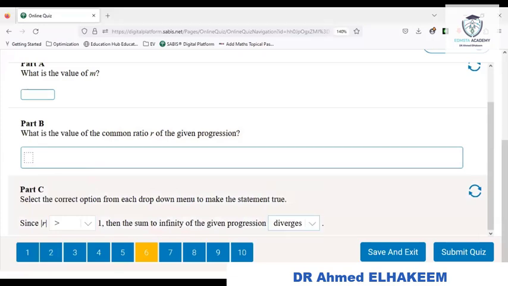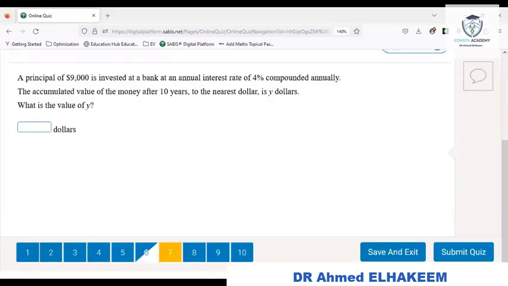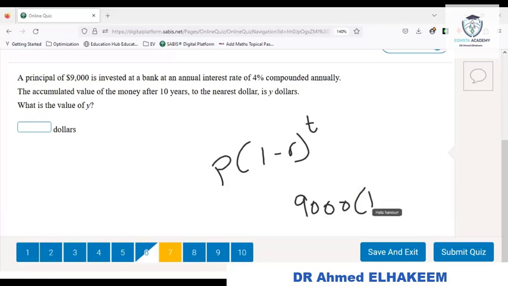It's 1 minus r. Can you write the rule, please? Yes, very good. Because we will use this rule also in the next one. Which is 9,000 times 1 minus 4 over 100 to the power of 10.